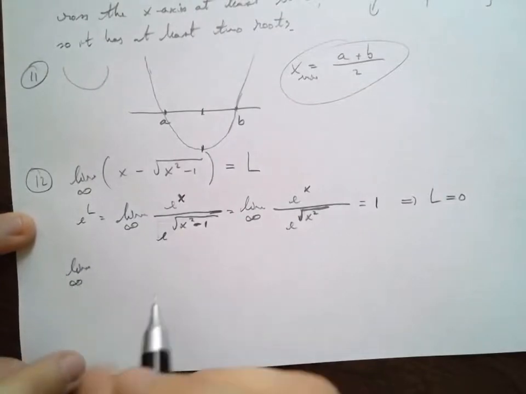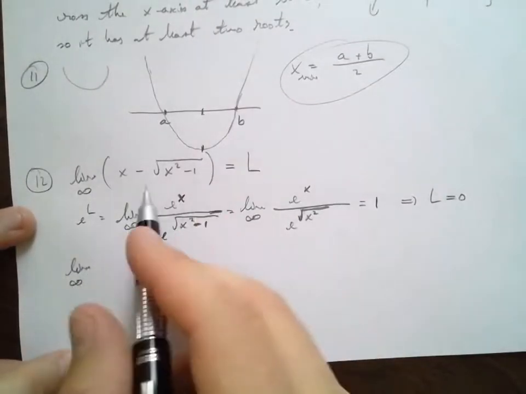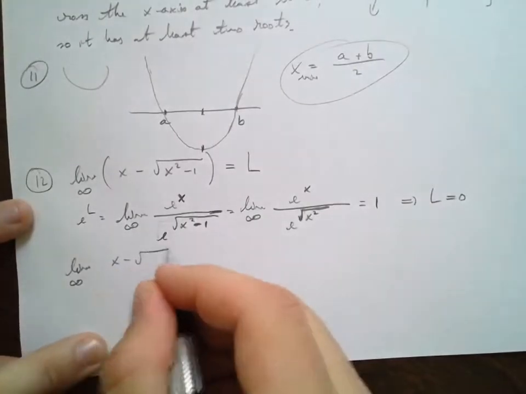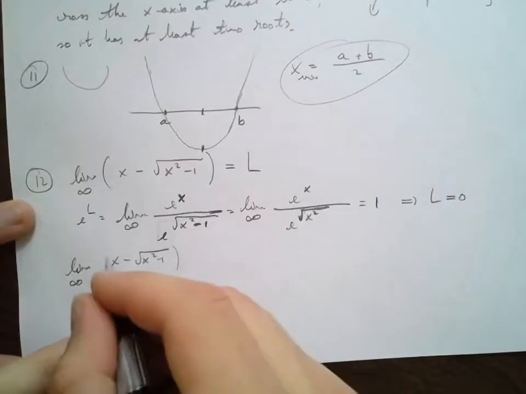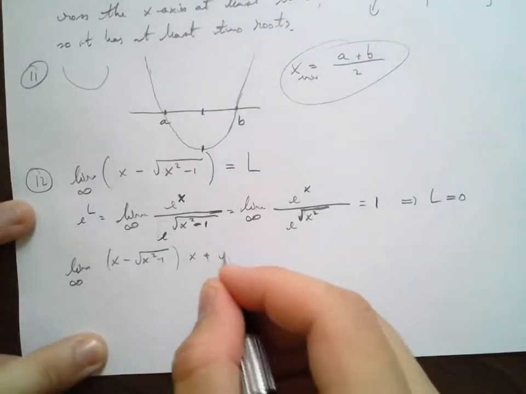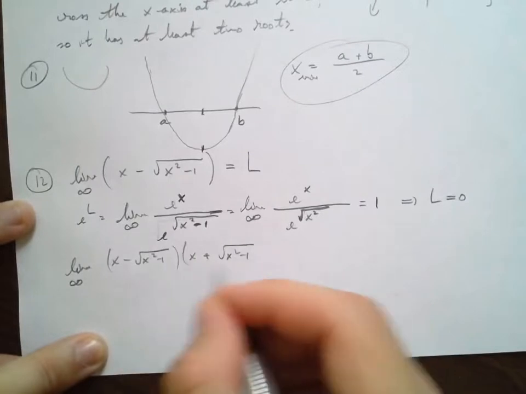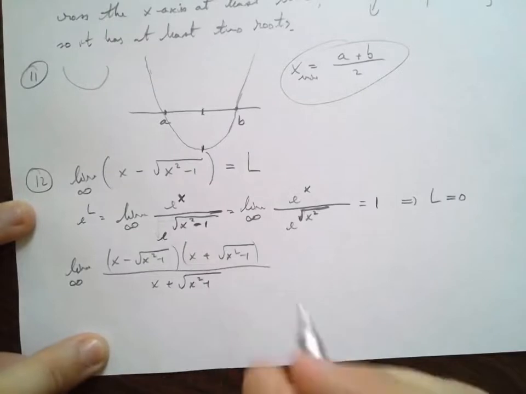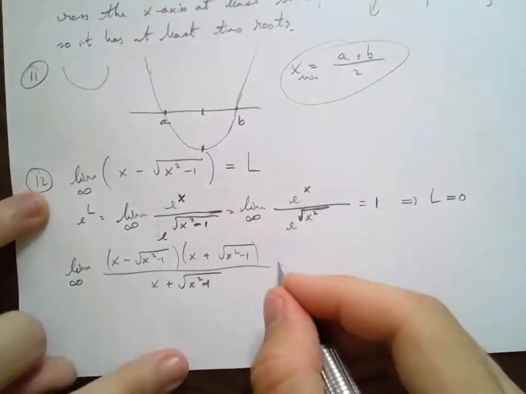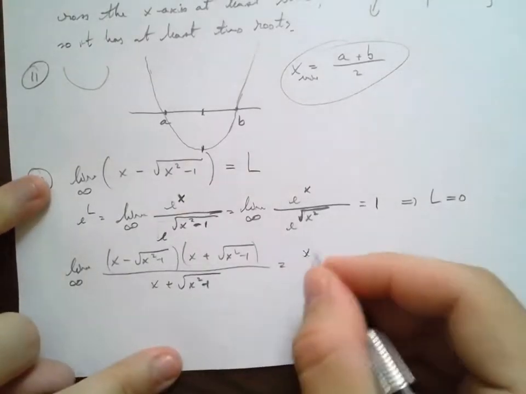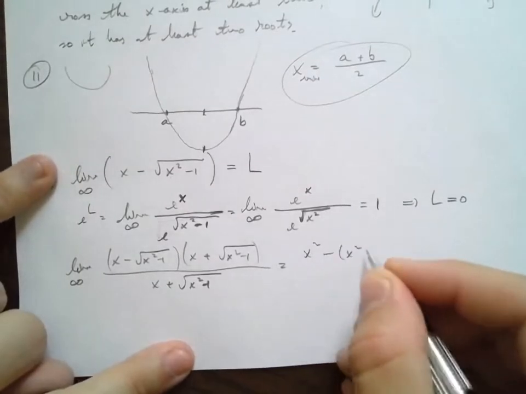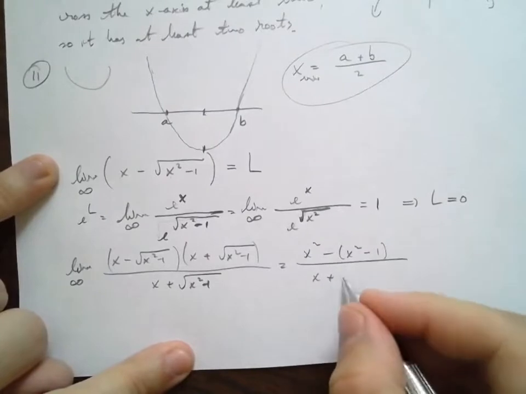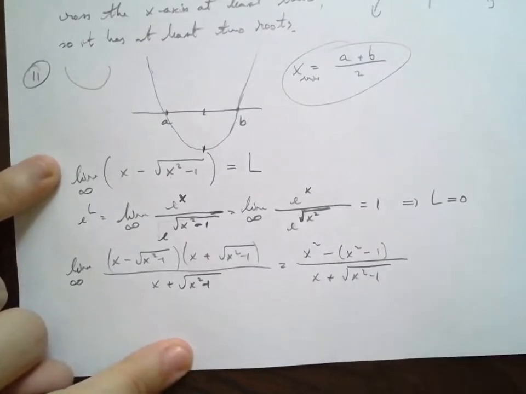So I could try saying this is the same as x minus square root of x squared minus 1 times x plus square root of x squared minus 1 divided by the same thing, so this is now the same as x squared minus x squared minus 1 over x plus square root of x squared minus 1.